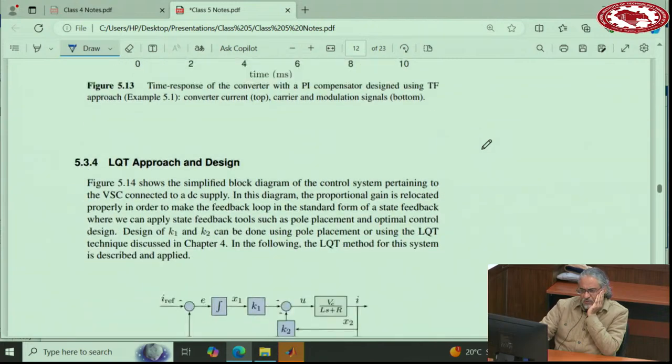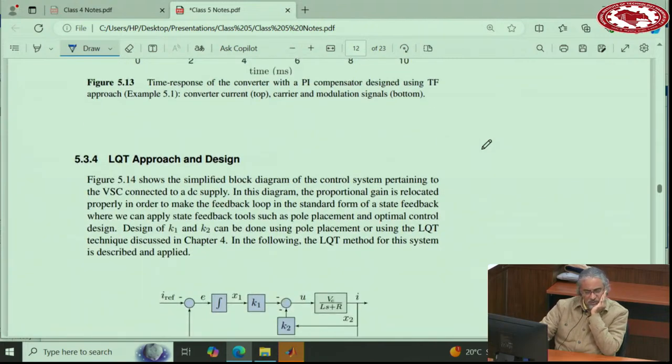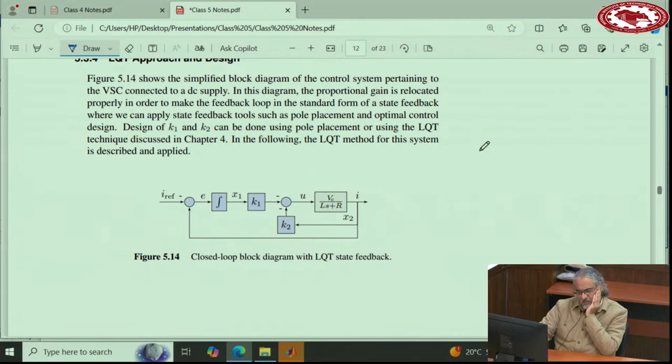Now let's design the same controller using LQT, or linear quadratic tracker, that we just discussed in the previous class. The system has one state variable, that is the current. Very simple. So you multiply into this K, and then you put one integrator, and then you multiply into another K, and then add them together. That's basically the block diagram that we discussed at the end of the previous class.